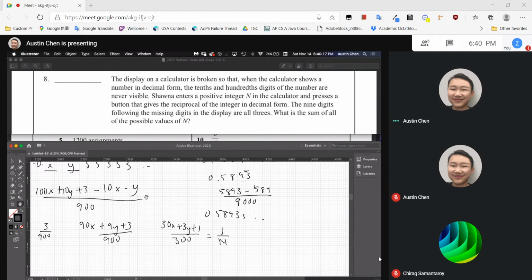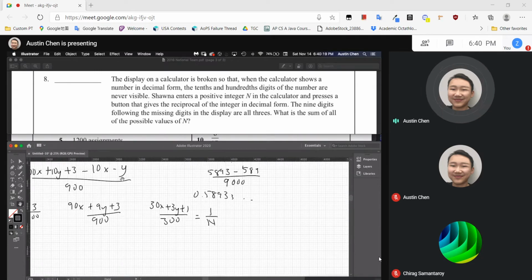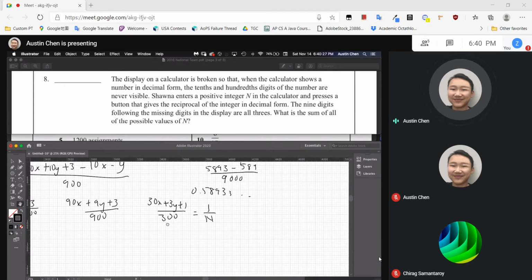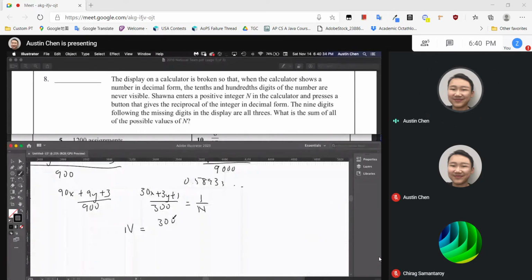All right. Now we just need to find the possible values of n. How this is going to work is we can take the reciprocal of both sides here, right? So then we get n equals 300 over 30x plus 3y plus 1.